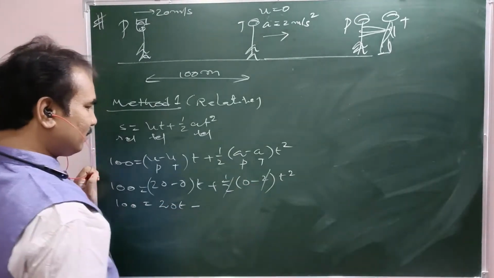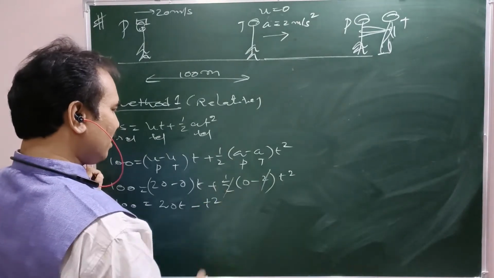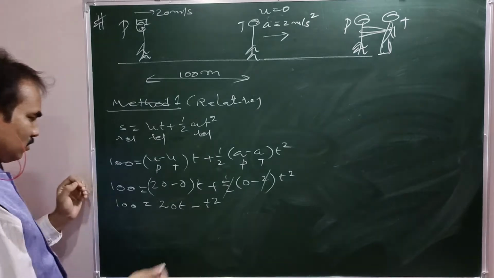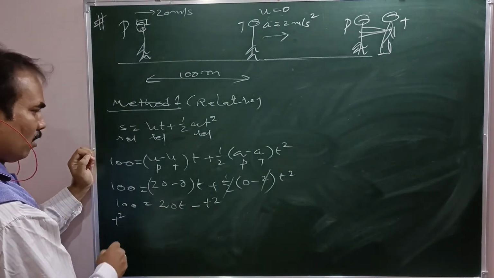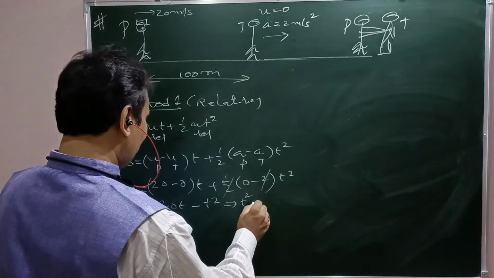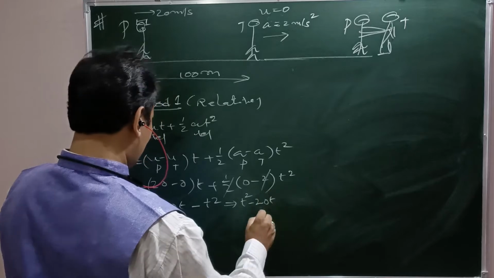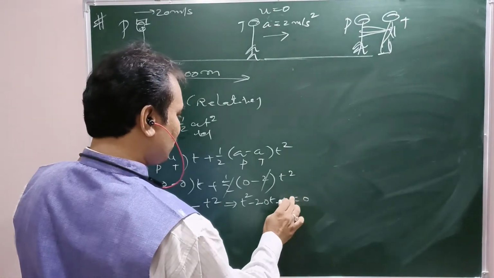2 cancels, minus t square. So carry this t square to the left-hand side: t square minus 20t plus 100 equal to 0.